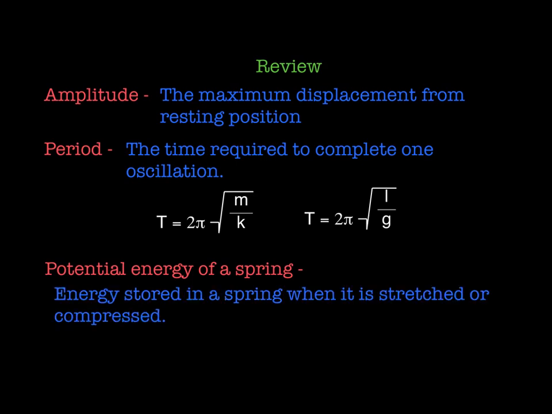That is, of course, the energy stored in a spring when it is stretched or compressed. And for spring potential energy, it is a quadratic equation that has the following formula. U sub S, potential energy of a spring, equals 1/2 kx squared, where k is the spring constant and x is the distance the spring is stretched or compressed from its resting position.